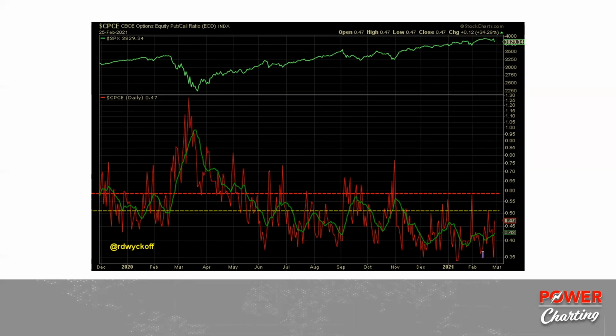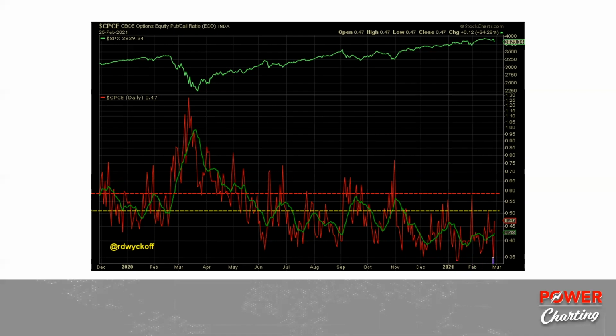Well, a very tiny little clue on that 425-point advance in the Dow yesterday is that this line was trying to go up on the equity put call, and then on that big rally, which did not confirm in the NASDAQ, NASDAQ 100, NASDAQ comp, and the S&P, the call buying went almost to a record.